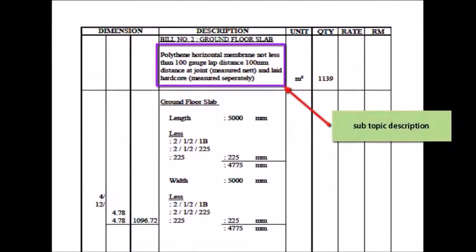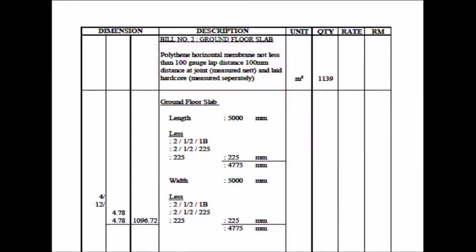Now let's move on to the last subtopic of the quantity measurement of ground floor slab. The last part is about the DPM, which is the damp-proof membrane. Here the description is polythene horizontal membrane, not less than 100 gauge, lap distance 100 mm at joint, and laid on hardcore.